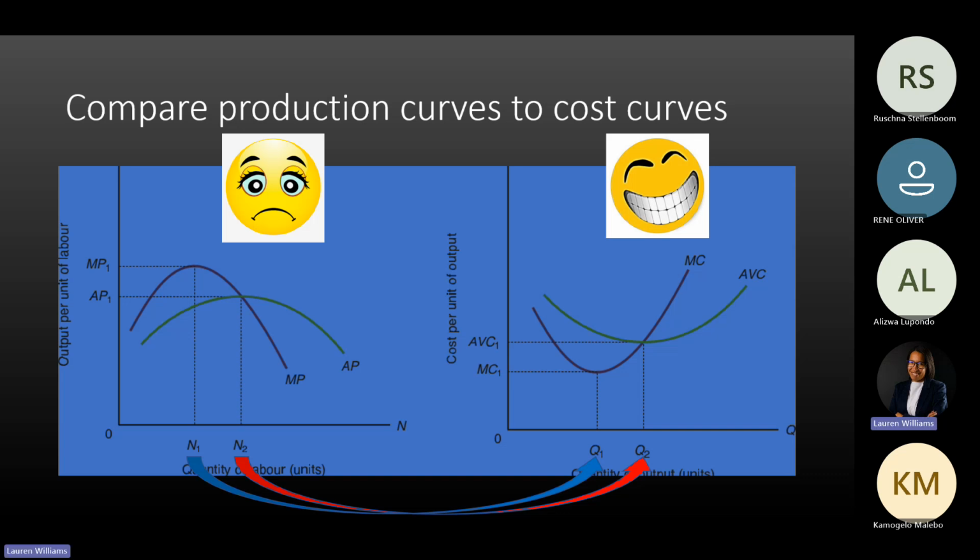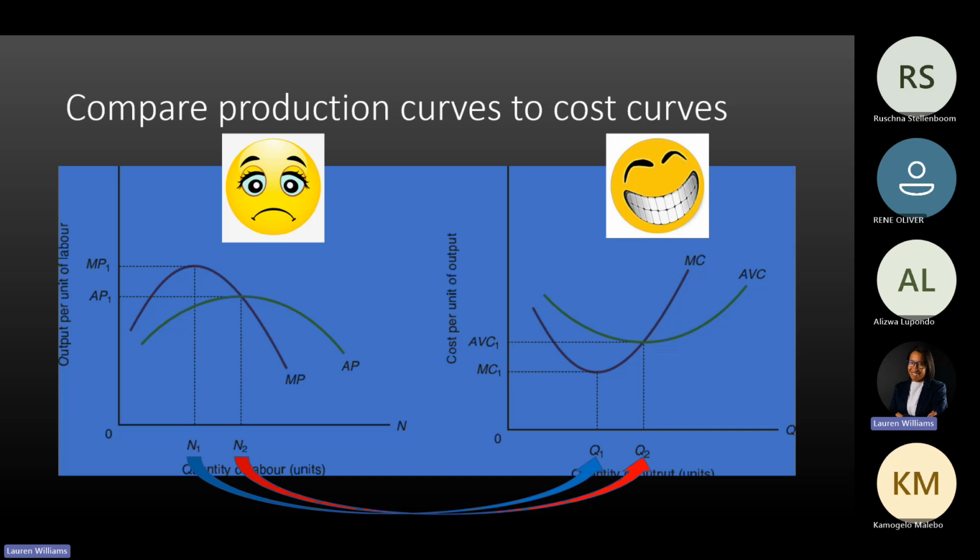And your marginal product curve will cut your average product curve at its highest point, okay, versus your cost curves, where we're saying your marginal cost curve will hit its lowest point first, then your variable cost, then usually your average cost curve straight after that, and your marginal cost curve will always cut at its lowest point.